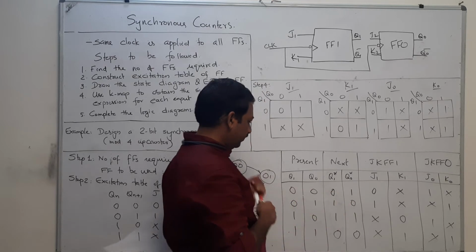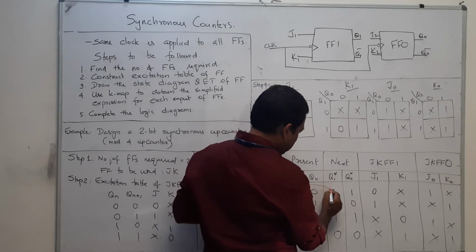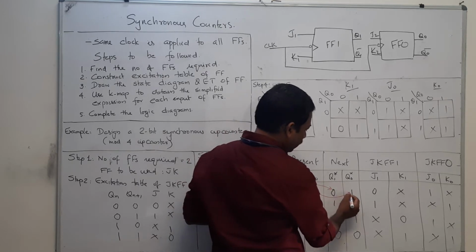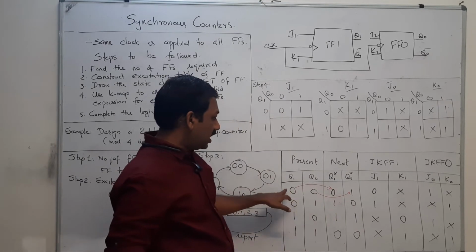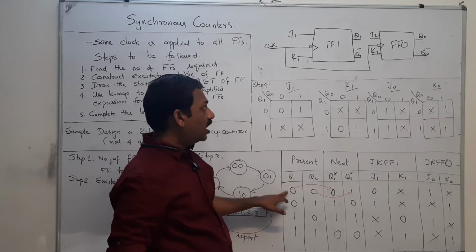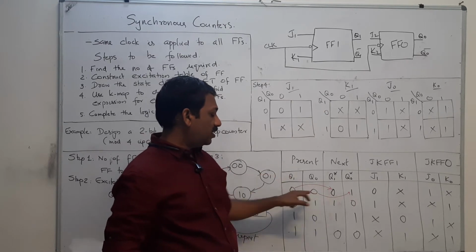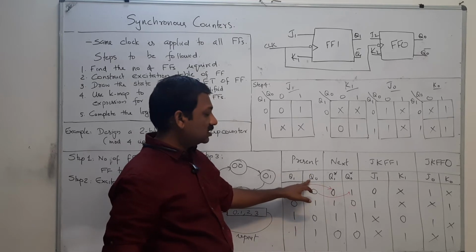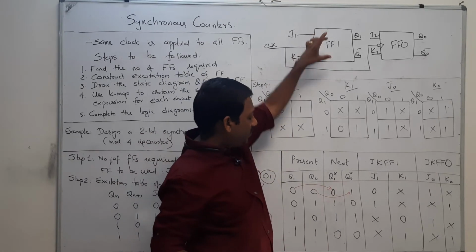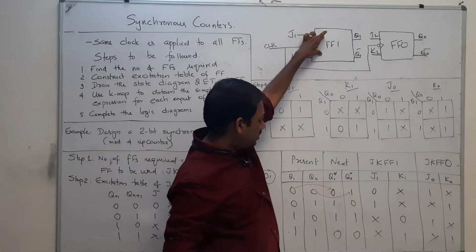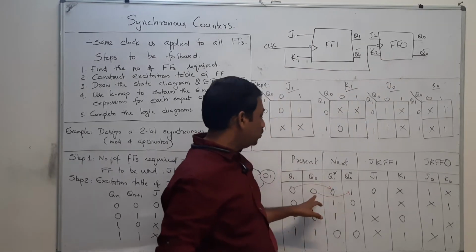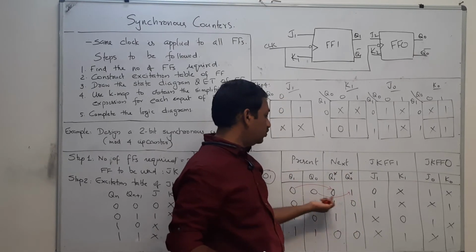The current state of the first flip-flop Q1 is 0 and the next state also is 0, and the current state of Q0 is 0 and the next state is 1. That means after 0, 0, this flip-flop has to stay in the same state and the next flip-flop has to be converted to 1.